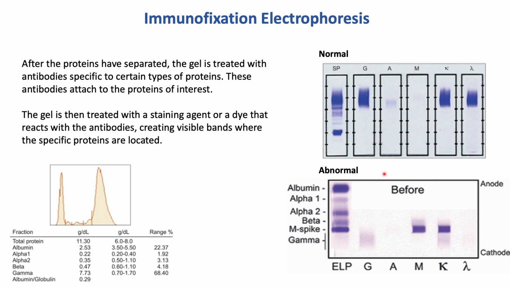So, immunofixation electrophoresis is especially useful for identifying abnormal proteins such as monoclonal immunoglobulins, that is IgM, in conditions like multiple myeloma. So, immunoglobulins are generally proteins that function as antibodies and they fight infection. So, like we know, there are these three types of immunoglobulins that fight different types of infections.